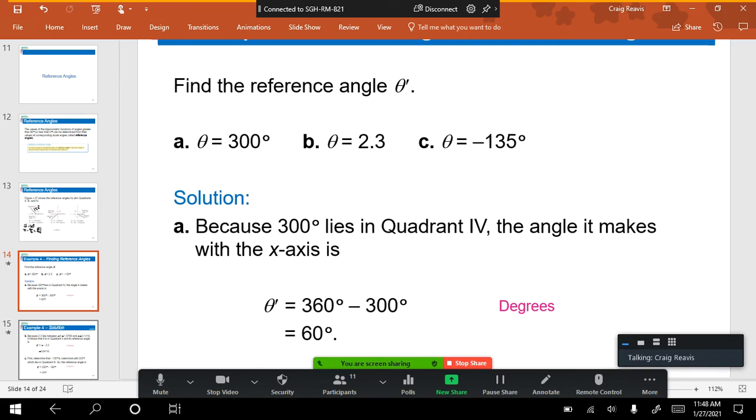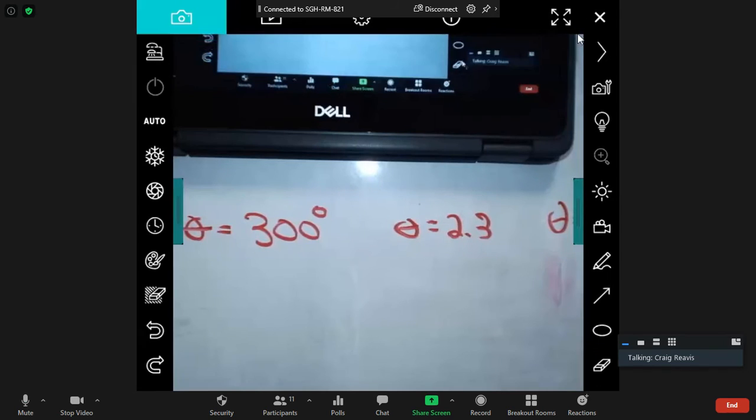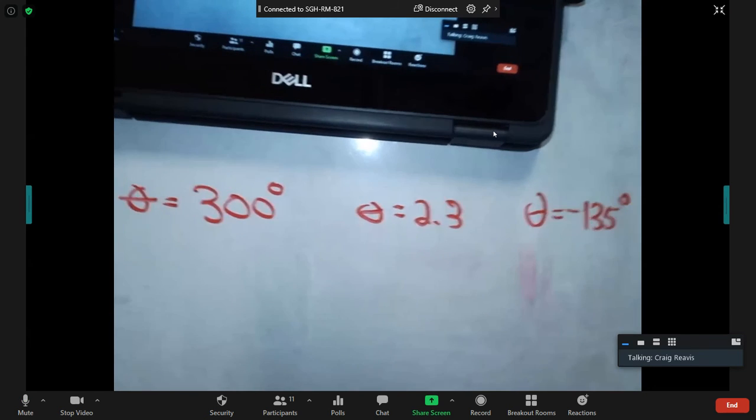Okay? Now let me stop sharing that, and let me share again over here. All right, so they want the reference angles for these three right here.